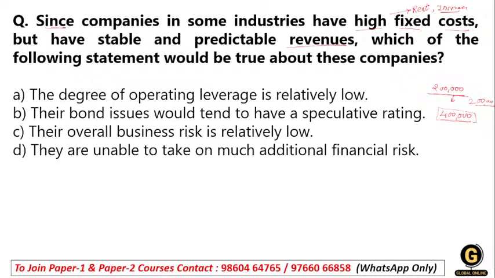Okay, so the first and most important thing that you have to understand about this question is that companies with high fixed cost but a stable and predictable revenue have low business risk. This is the most important point.